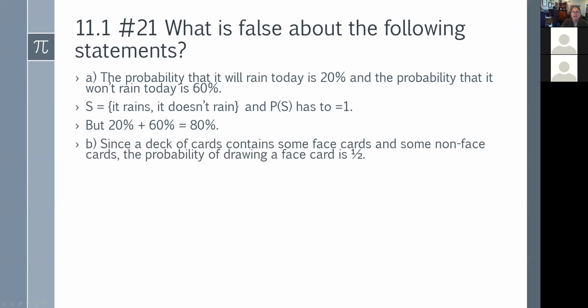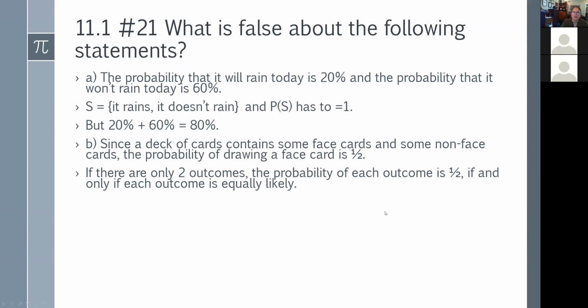Part B, it says, since a deck of cards contains some face cards and some non-face cards, the probability of drawing a face card is 1/2. Okay. If there's only 2 outcomes, the probability of each outcome is 1/2, but only if each outcome is equally likely.